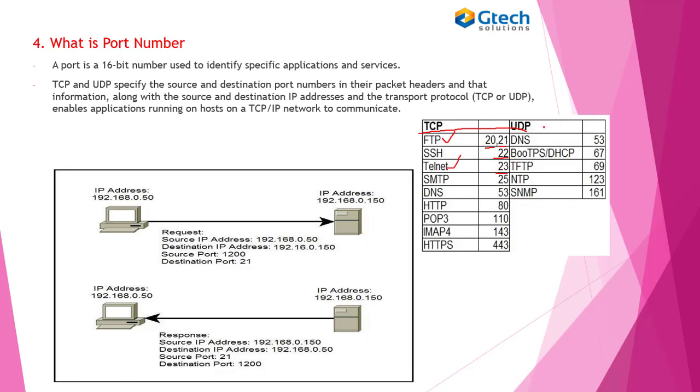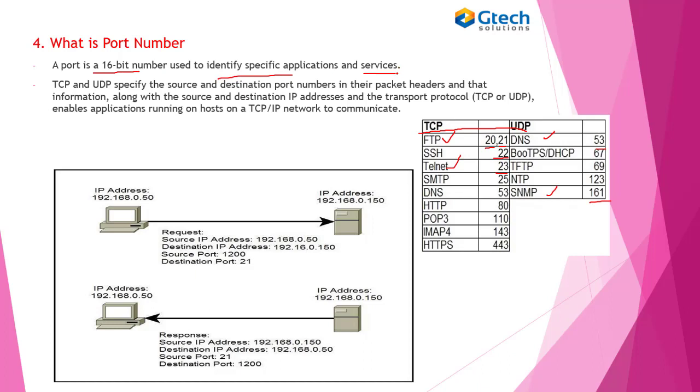Under UDP, we have DNS, which uses port number 53, SNMP, which uses port number 161, and so on and so forth. So a port number is a 16-bit number used to identify specific applications or services in the network or in the internet.